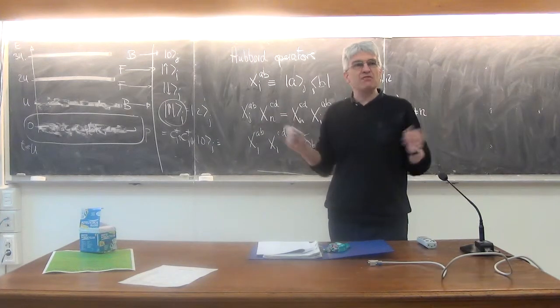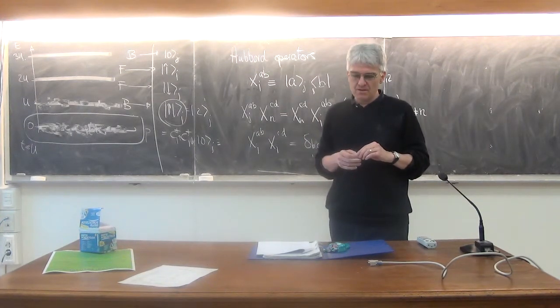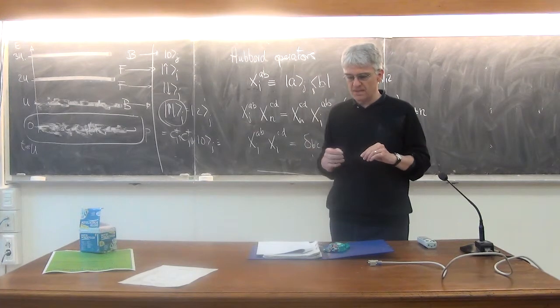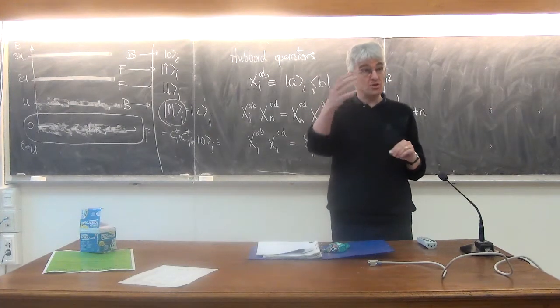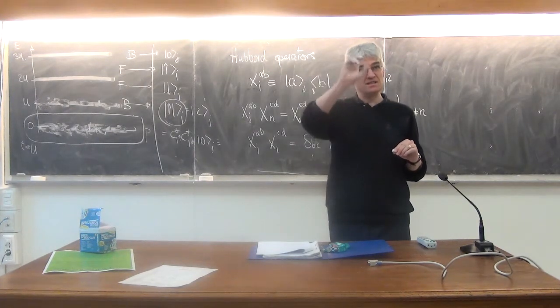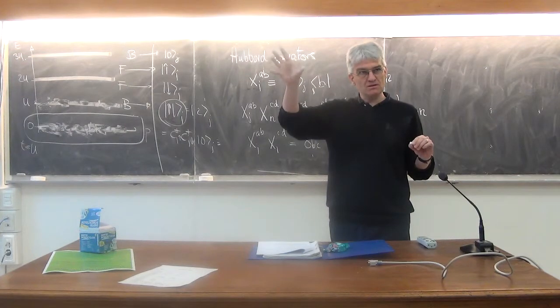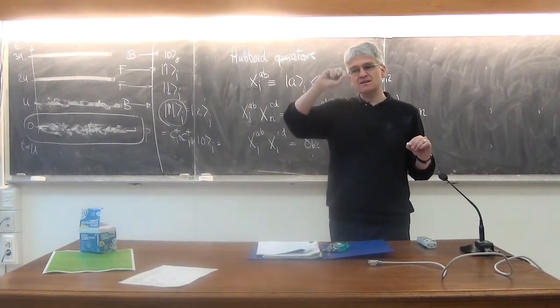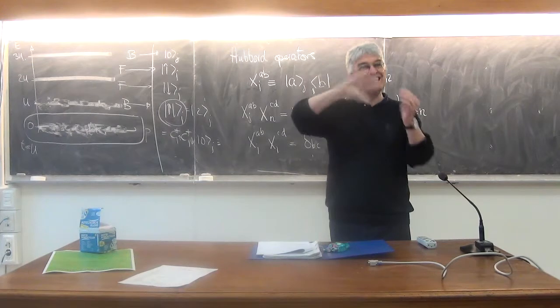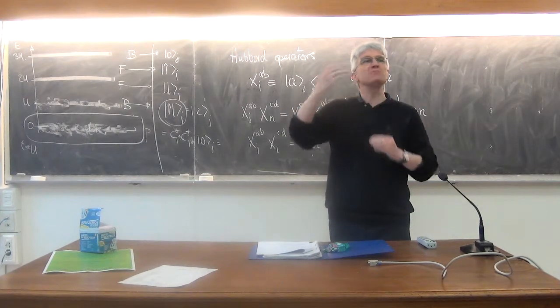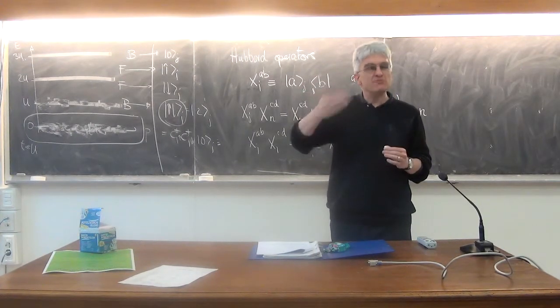But at this level, we're not working in an ensemble. I could work in an ensemble where I fix the number of up spins and down spins separately. But it would be a grand canonical ensemble, where the Lagrange multiplier I need to fix the spin would be a magnetic field. That would be the physical content.